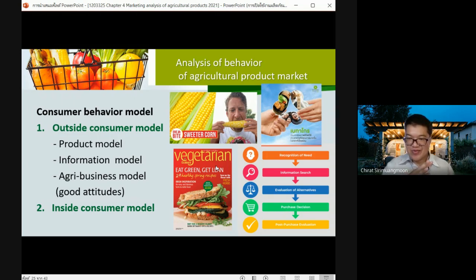Is the first shop good? Is the second shop better than the first shop? You compare them. Then you make the purchase decision and evaluate after you purchase. So these are all five steps that link together in the inside consumer model.